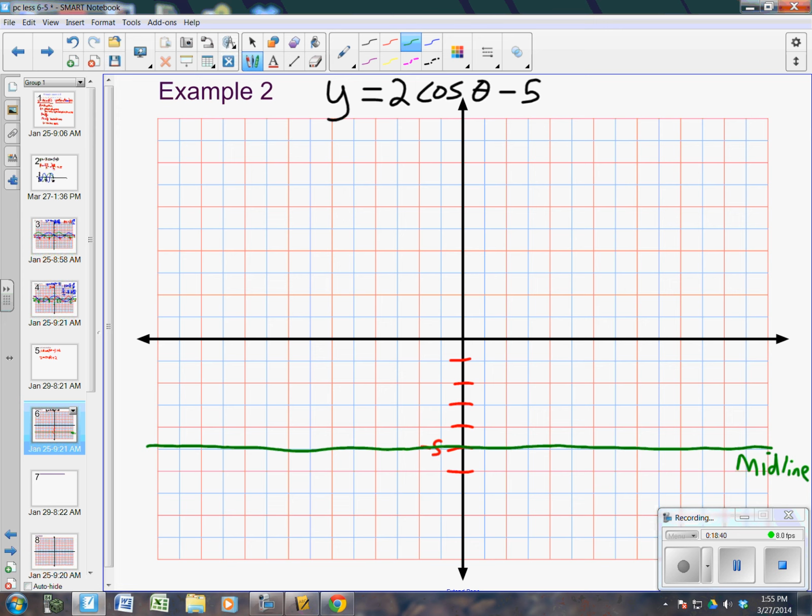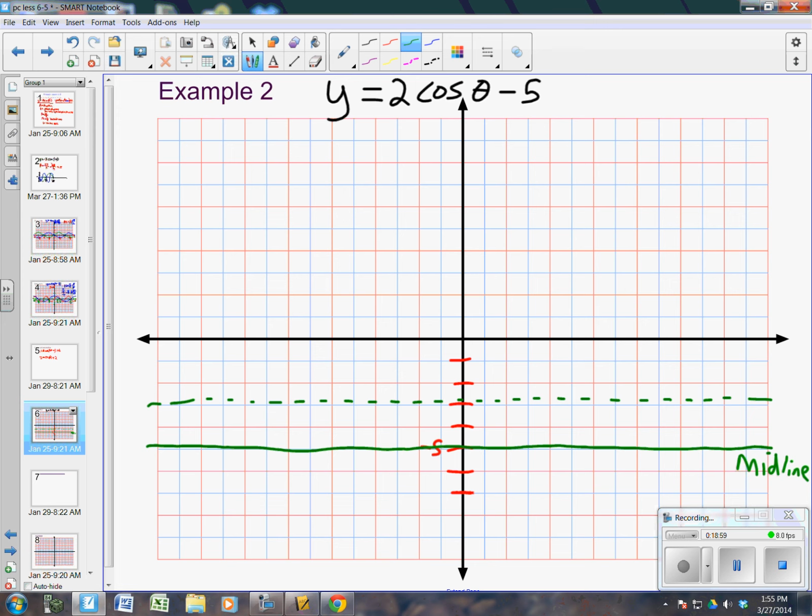And then my amplitude is 2. So that means my graph is going to go up to what number? -3. That's exactly right. And so I'm going to put a dotted line at -3.